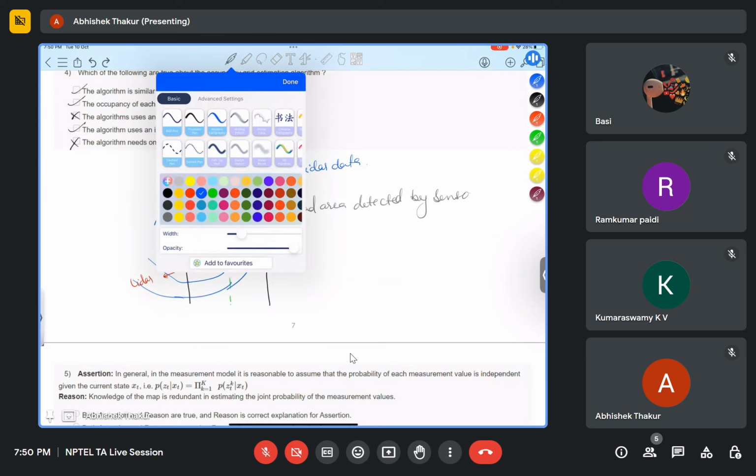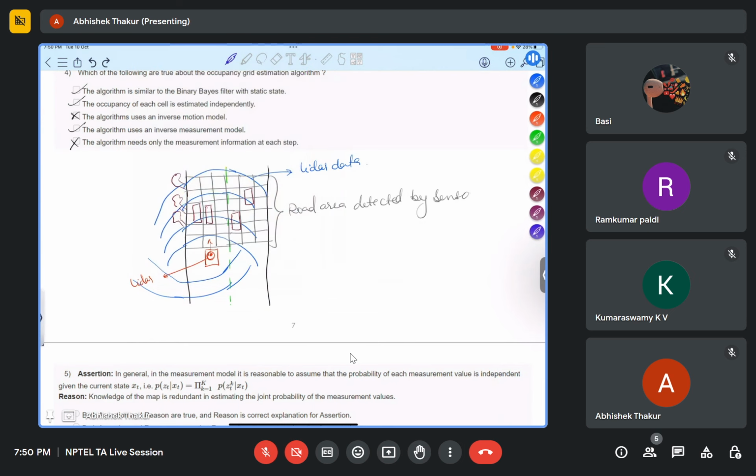I will take some other color, because green is very light. Let's suppose the predetermined path for this vehicle was like this.